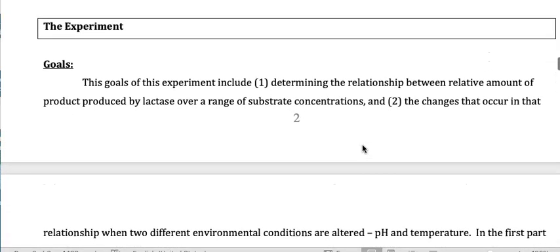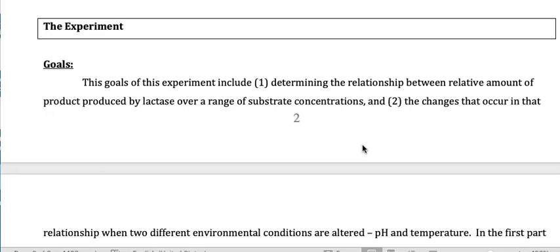So here we have the goals of our experiment. Number one, we just wanted to determine the relationship between the amount of substrate that we feed this enzyme and how much product it can make. We're actually going to feed the enzyme increasing amounts of ONPG, and then we're going to see how much product it makes over a set period of time.